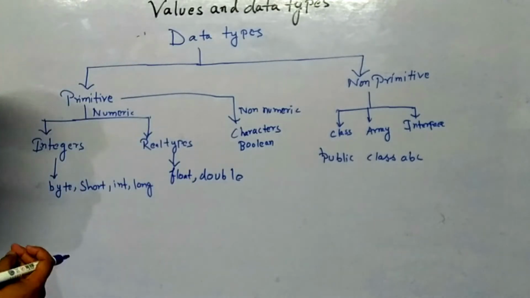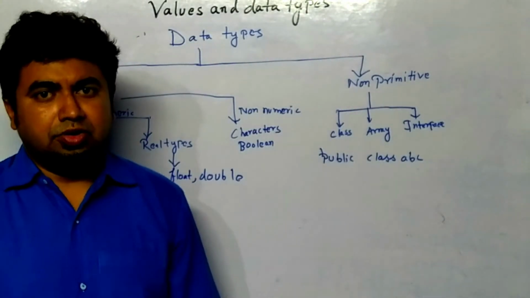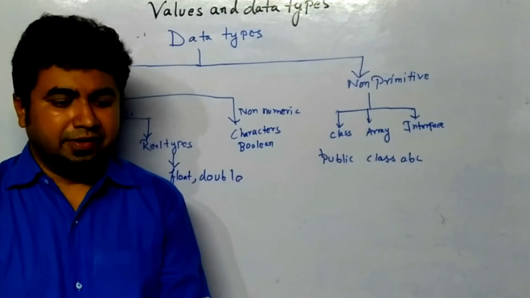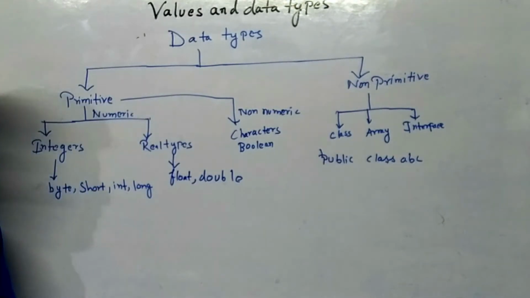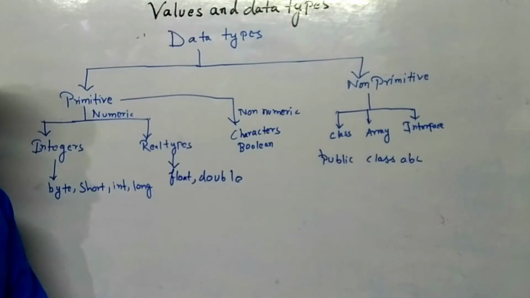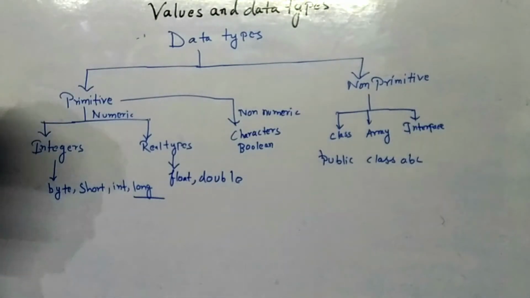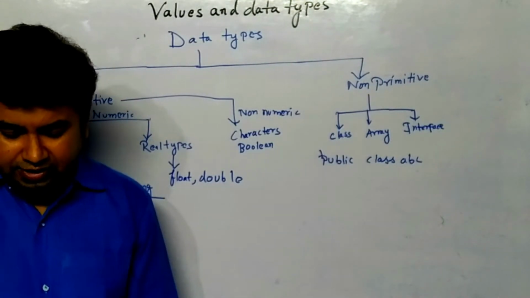If you have 4 liters of oil, you will need a 4 liter vessel. In the same way, if you have big data, a large integer number, you will store it in long, because long is the largest.